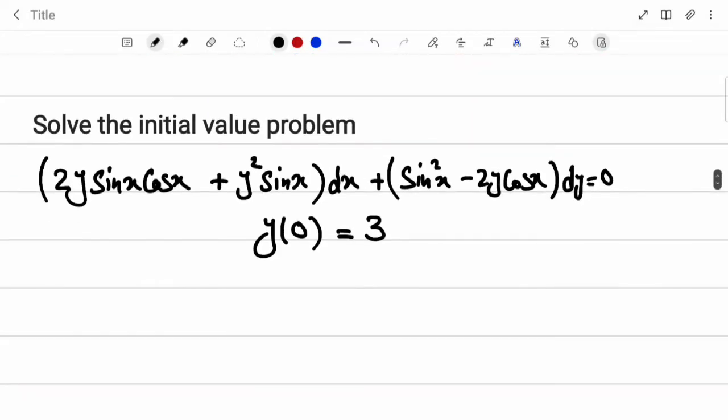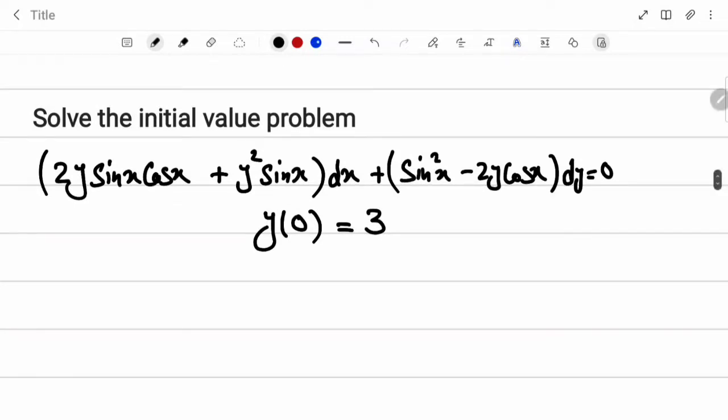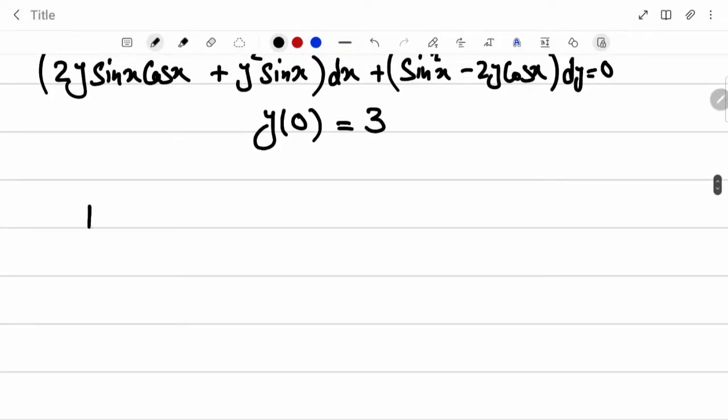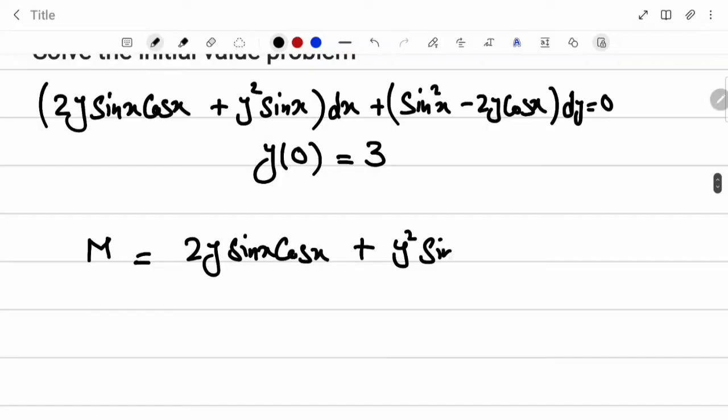Now we will discuss some initial value problems. Firstly, the question is solved exactly the same way as before. We first check whether it's an exact form or not. We have to line it up. So we have M equals 2y sin x cos x plus y squared sin x.